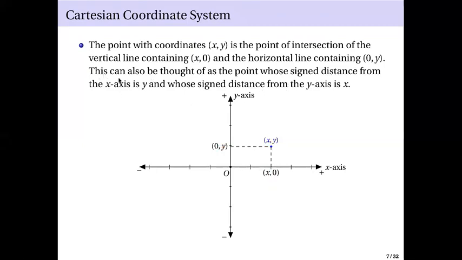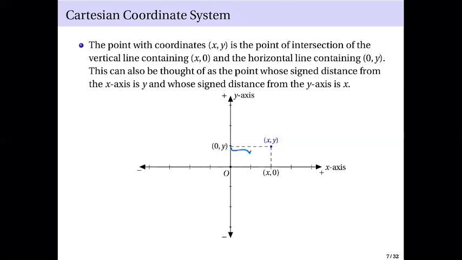Now, this can also be thought of as the point whose signed distance from the x-axis is y, and whose signed distance from the y-axis is x. So, how is that? You have your y-axis in here, and this is your point.